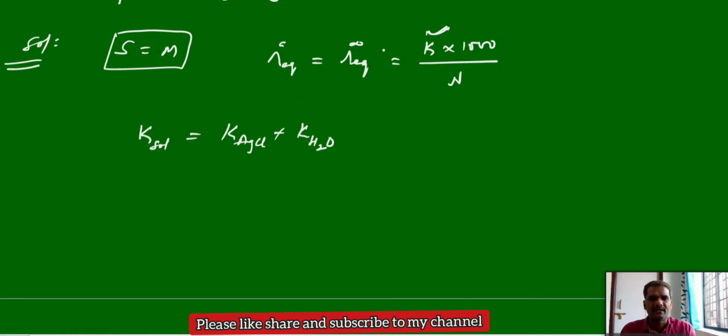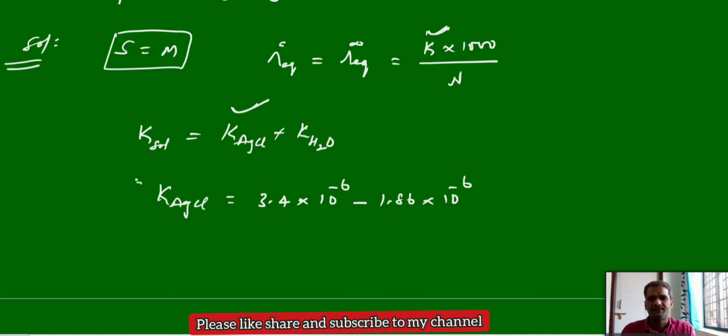But we need to substitute the specific conductance of AgCl only. Then the specific conductance of AgCl is equal to the overall solution, 3.4 into 10 power minus 6 ohm inverse centimeter inverse, minus K water, that is 1.86 into 10 power minus 6.